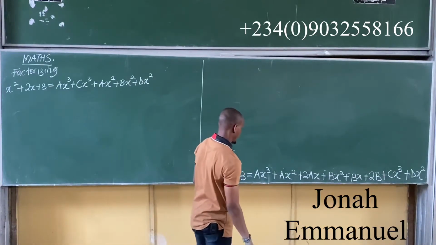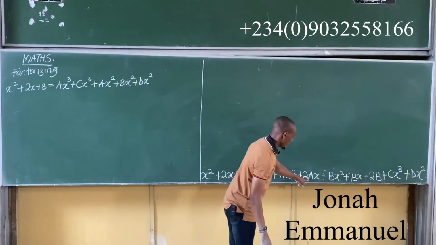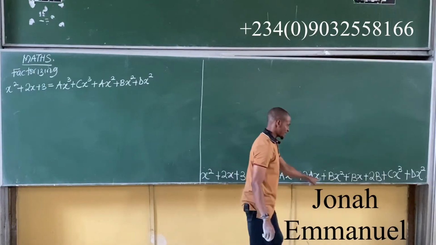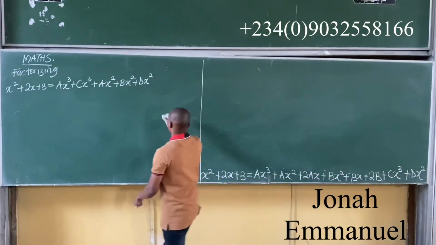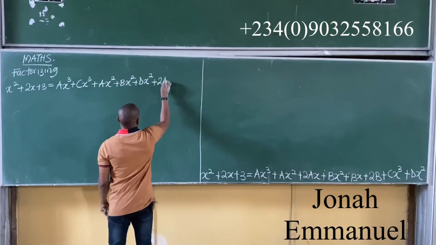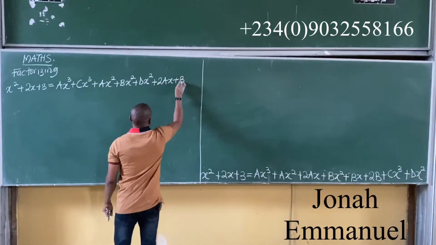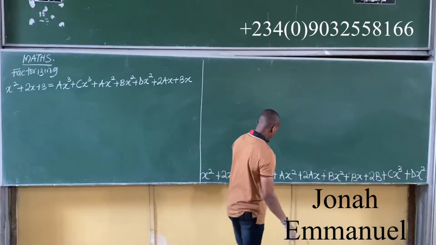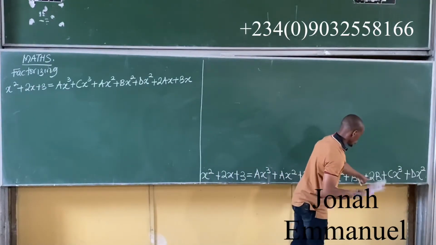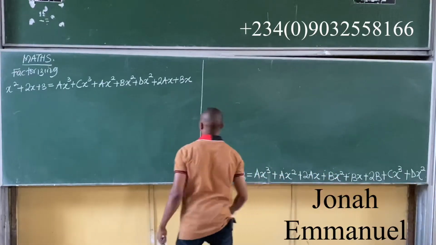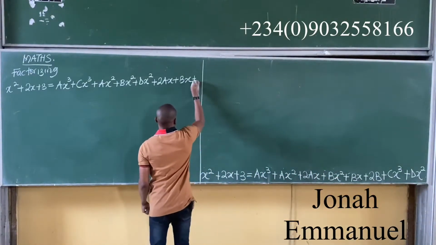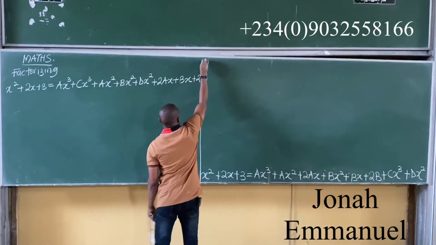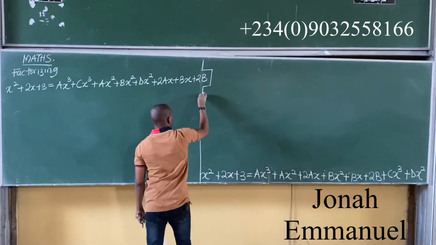Take the ones with x. That's 2ax and bx. That gives you plus 2ax plus bx. Lastly, take the constants. What are the constants here? Just 2b. Alright, so I have plus 2b as the constant term.